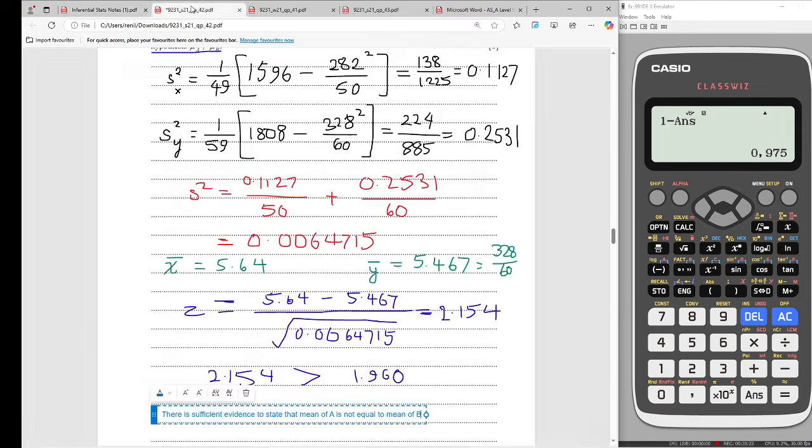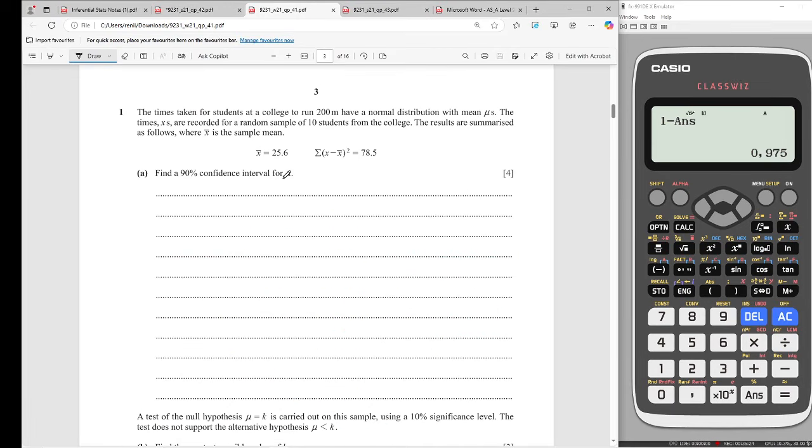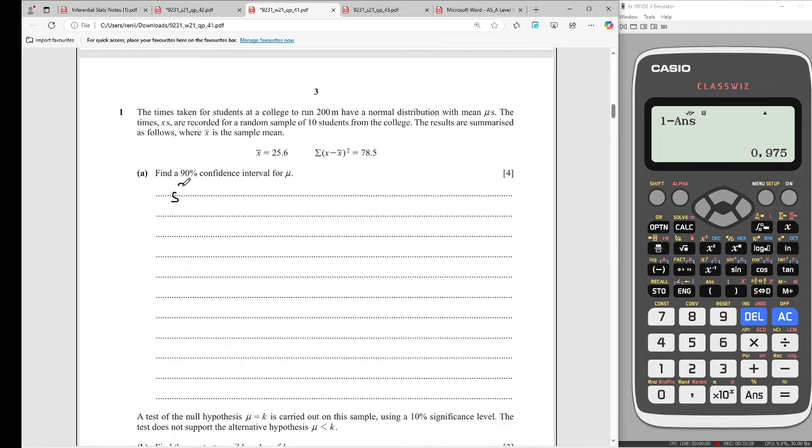S2 of x, however, is a bit more complex because of no sum x squared. But this is actually easier now, because we just need to plug in a simple formula. So we just use this minus x mean whole squared, which is just the value right here, and we divide that by the number of terms of x minus 1.